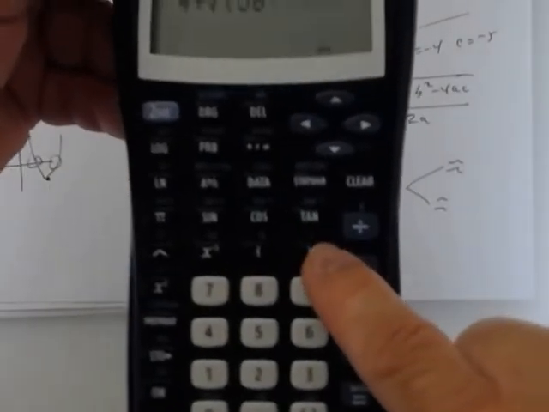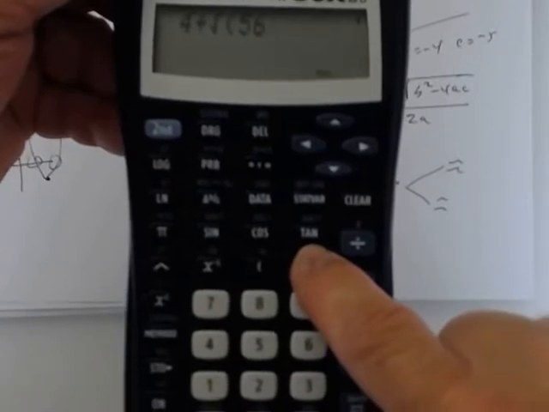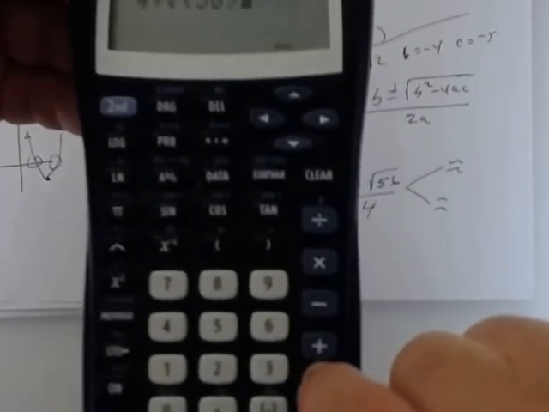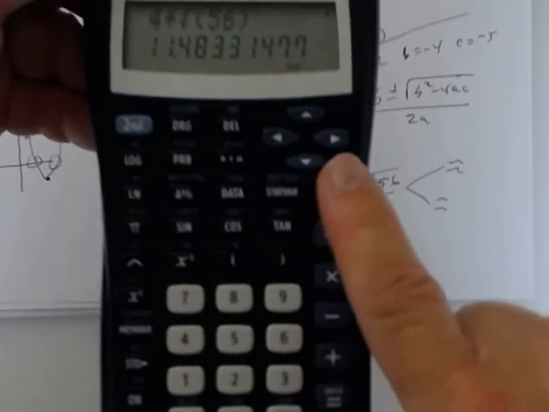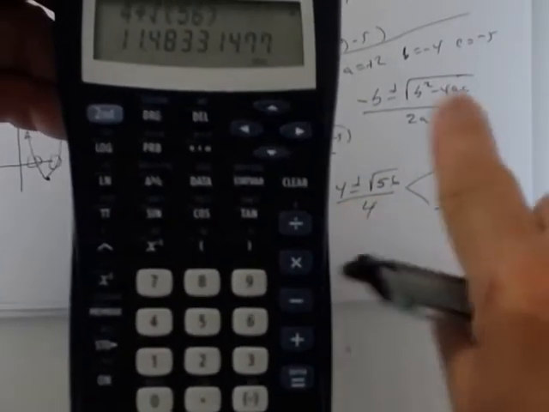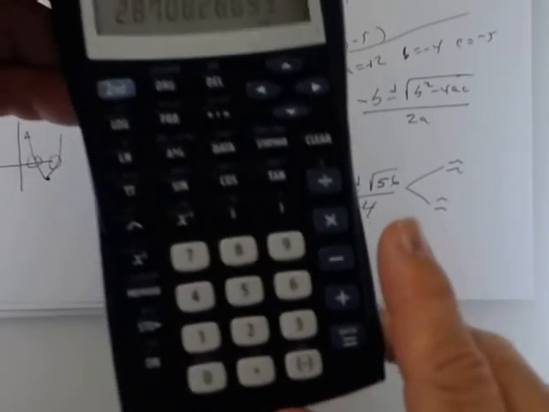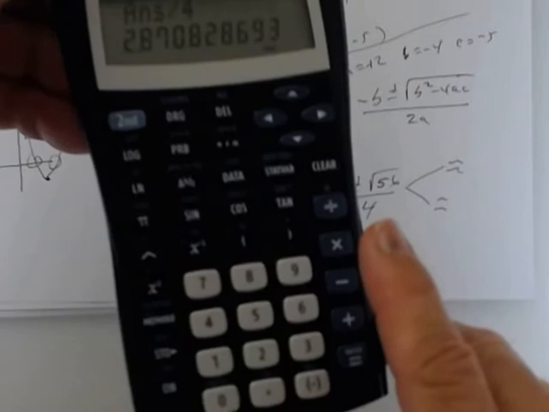See that you have to close it? Press equal. That decimal represents the numerator. Then you divide by 4, press equal, and that is your X-intercept, or one of them.